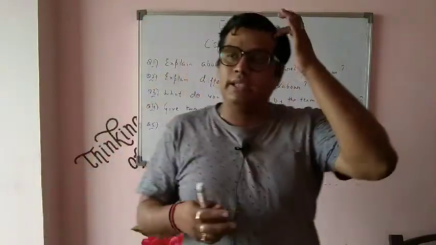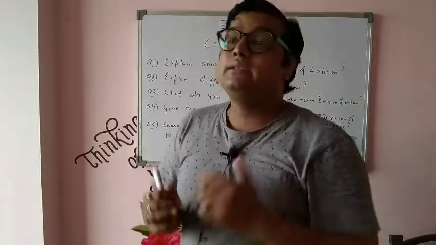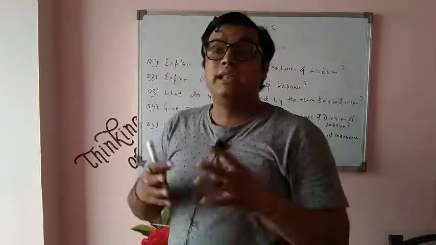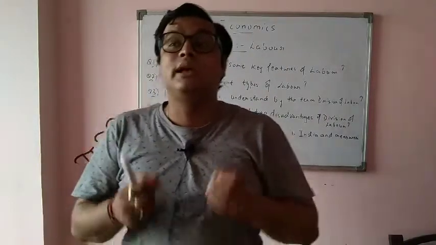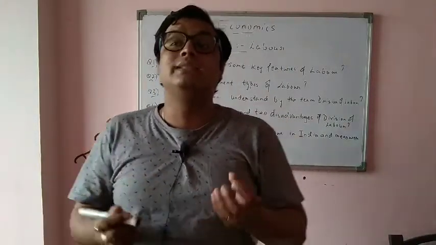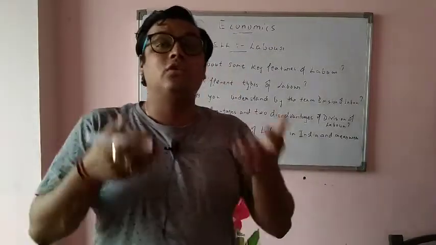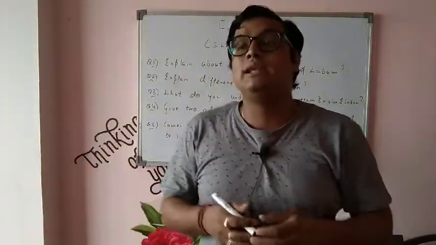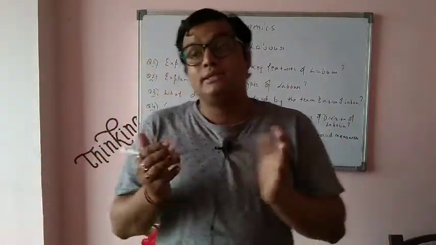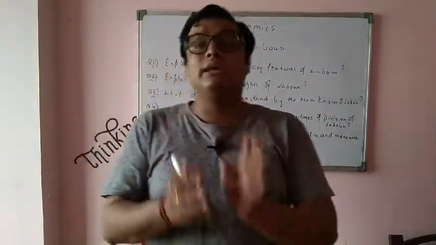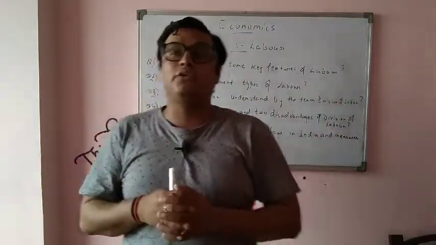When a labor is working somewhere, he or she is not selling herself or himself. They are selling their utility, their work, their approach, their growth, their knowledge. They are not selling themselves or their body. They are just selling their labor, their skill, their knowledge. I hope these points are clear to you.